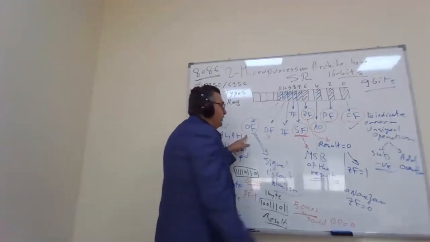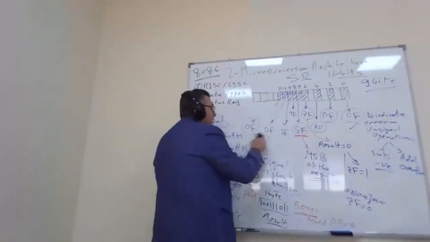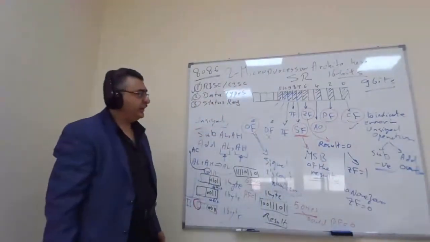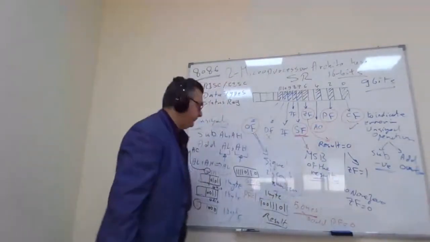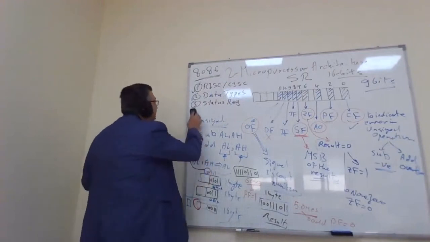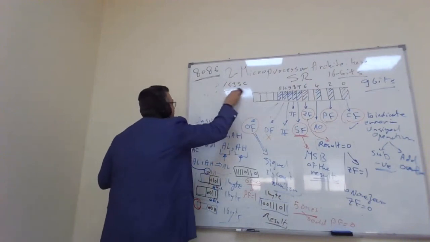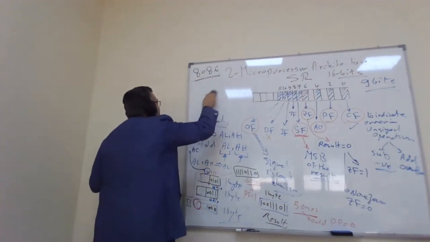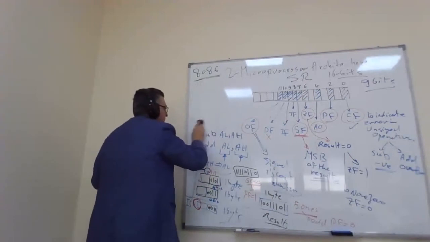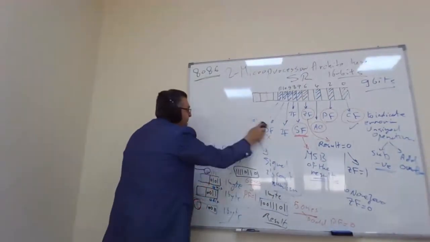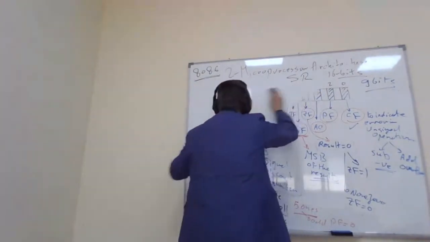You have to discriminate between the carry flag and the overflow flag, know what the sign flag and the zero flag are, and definitely also the parity and the auxiliary. Make sense? Any question? Clear? Okay, good.